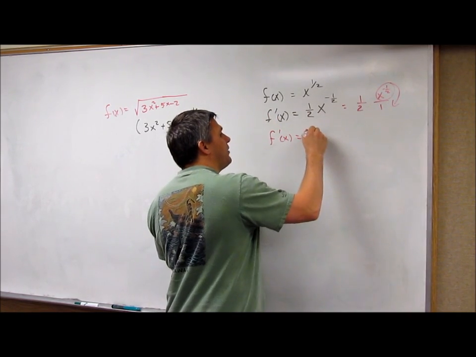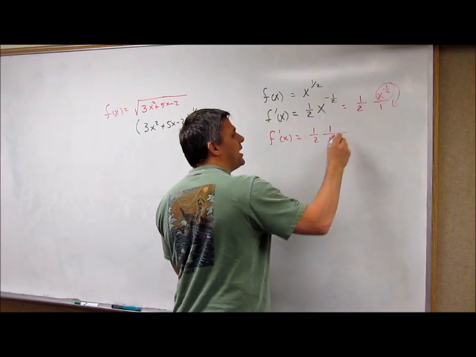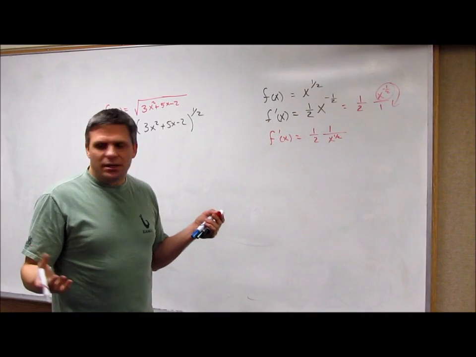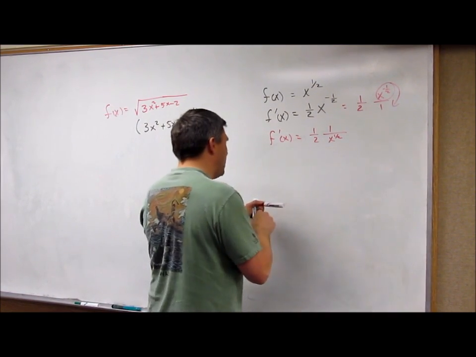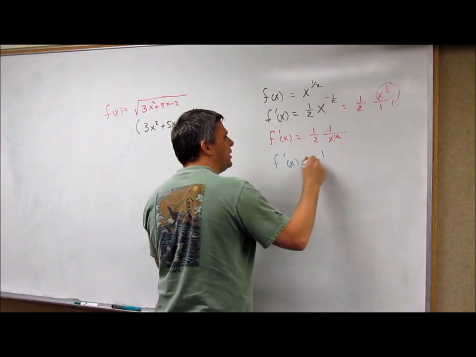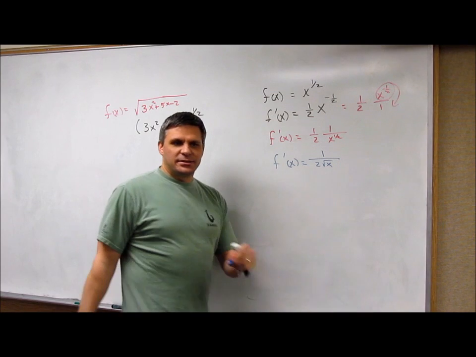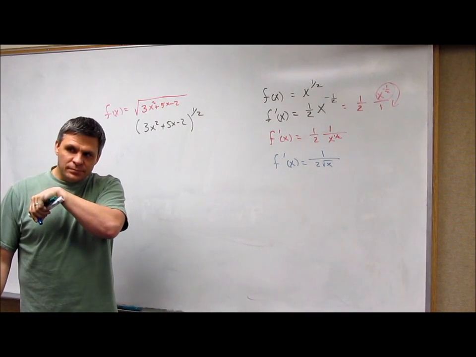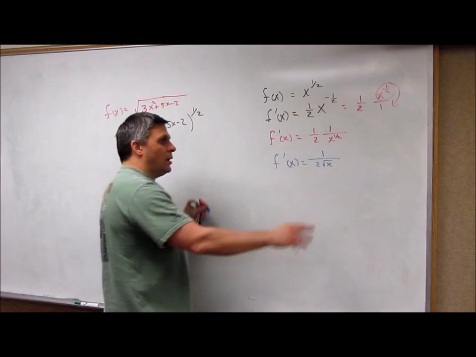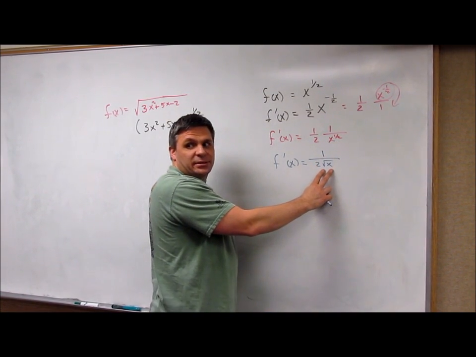So now you have 1 over 2 times 1 over x to the 1/2. And what is x to the 1/2 anyway? Oh, f prime of x is equal to 1 over 2 times the square root of x. So x to the 1/2 is just the square root of x.